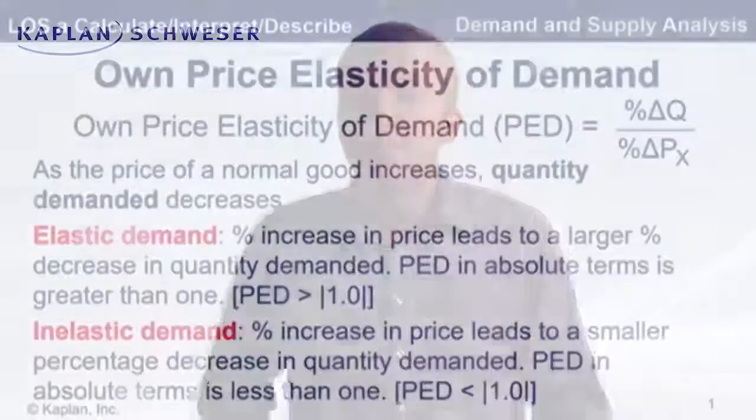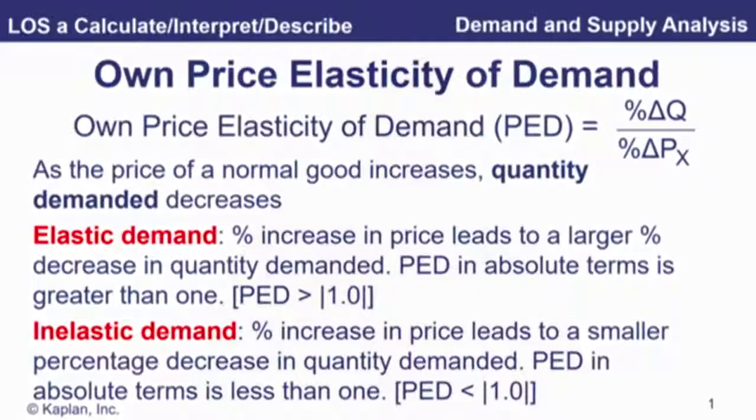Now, how do we refer to that? Be careful here. We tend to refer to the price elasticity of demand in absolute terms. Absolute terms means we ignore the negative. We know the price elasticity of demand is going to be negative in almost all cases. We've just discussed that. But if we talk about it in absolute terms, and you can see here on the slide, these straight brackets mean we are talking in absolute terms.